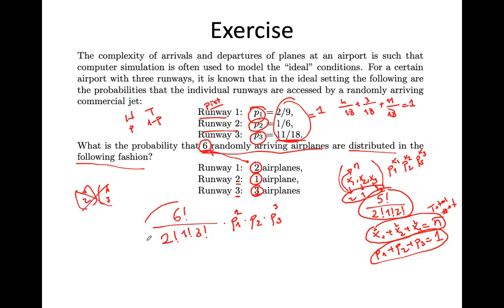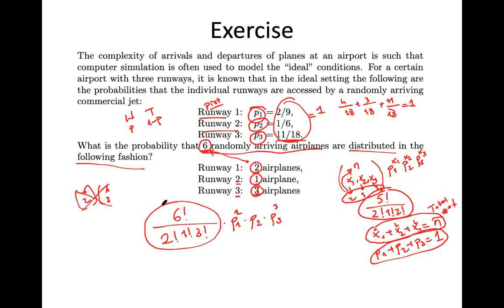Bu da bize, it may show us different combinations of sending 6 planes to different runways, pistes. Okay? If you remember from high school, we had 6 envelopes and we were sending them to 3 postal boxes, right?